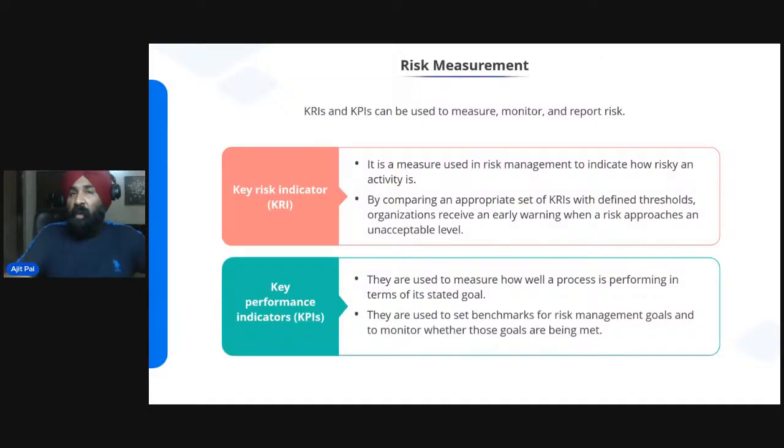For example, 80%, 90% of engineers are trained. In 1 month you find out it has been reduced to 70%. So this is a risk. KPI is a performance indicator, like how well your process is doing. Means how many risk management processes have been completed, how many systems have been patched. Correct. So that is about risk measurement.